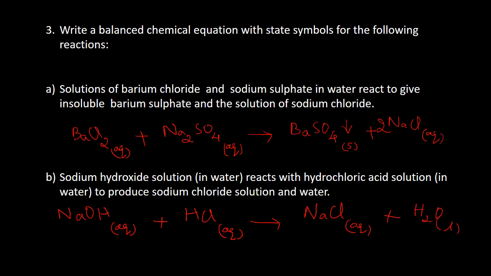Now how to balance it? HCl, Cl 1, but H2, hydrogen is 2. Now here H2O, see, one OH and one H becomes H2O. So it is balanced. NaCl, this is already balanced. Only you need to mention the state symbols. So let us go to the next question.